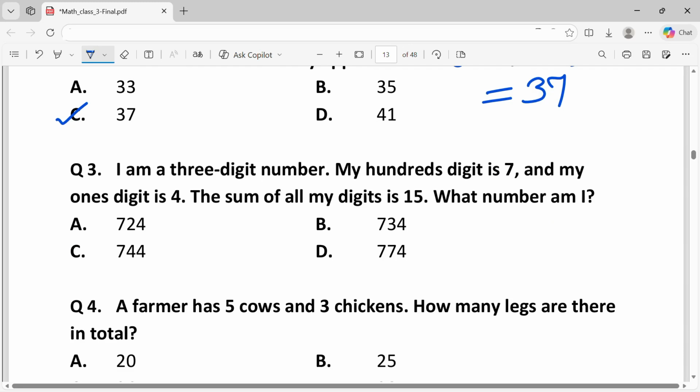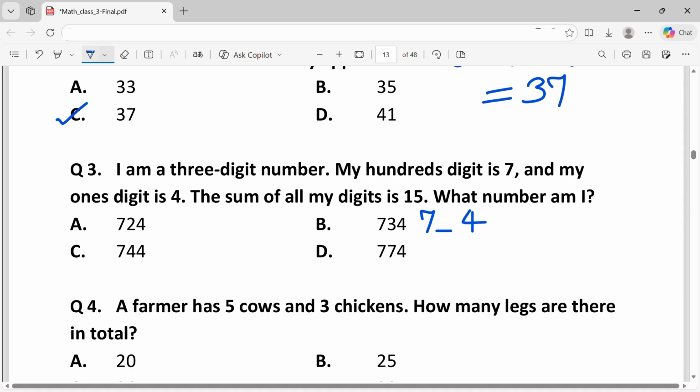Question 3. I am a 3-digit number. My hundreds digit is 7 and my ones digit is 4. The sum of my digits is 15. What number am I? Given that the hundreds digit is 7, so the number is 7, tens digit is not given, and ones digit is 4.